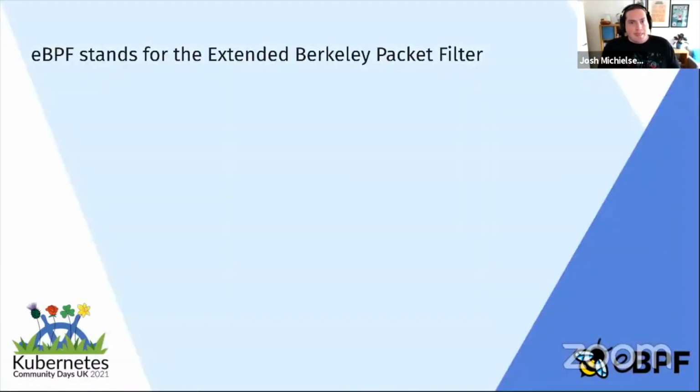Well, eBPF stands for the Extended Berkeley Packet Filter. The Berkeley Packet Filter was created as part of the Linux kernel a long time ago. It was originally used mostly around networking, so picking up networking packets, detecting and actioning on certain things within the kernel from a networking point of view.